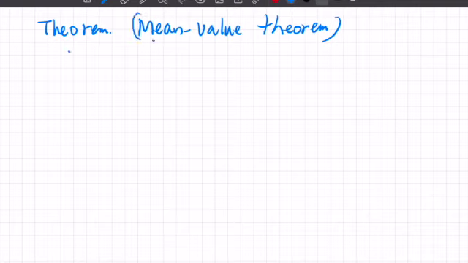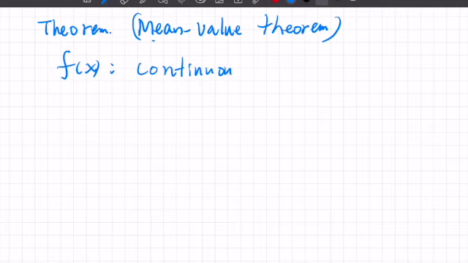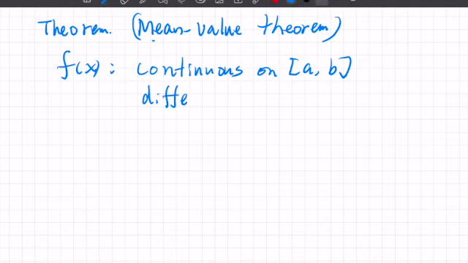Again, let f of x be a continuous function on the closed interval between a and b, and at the same time differentiable on the open interval between a and b.